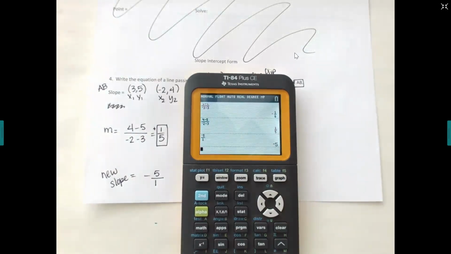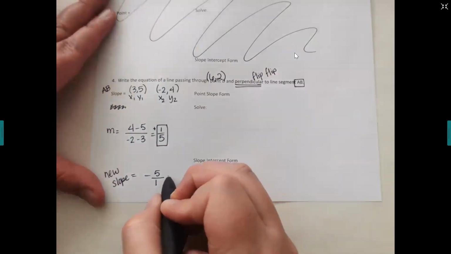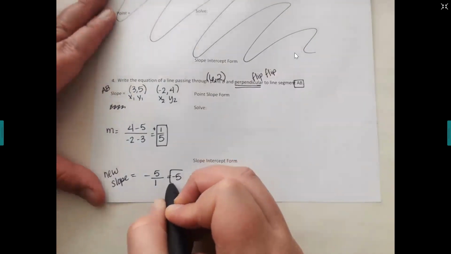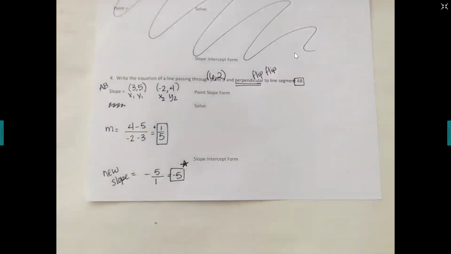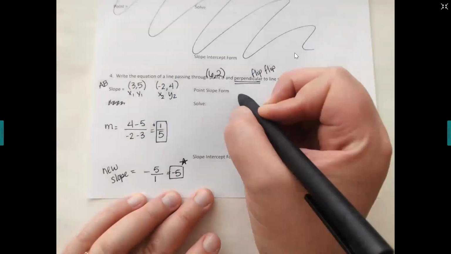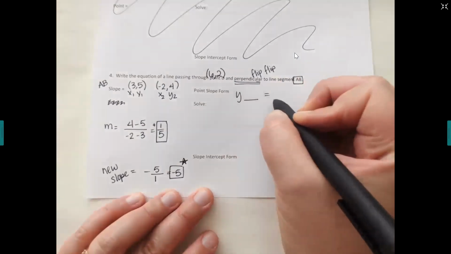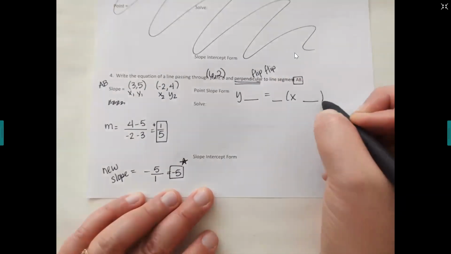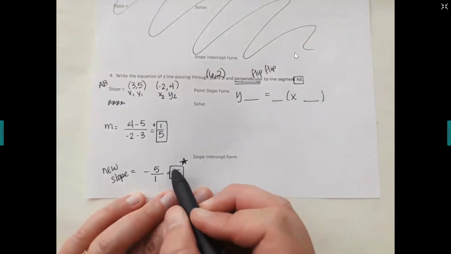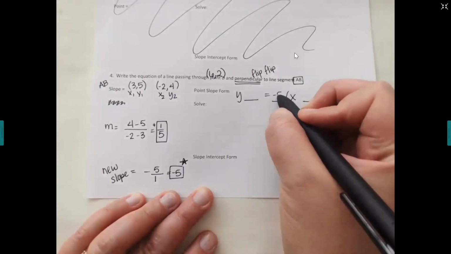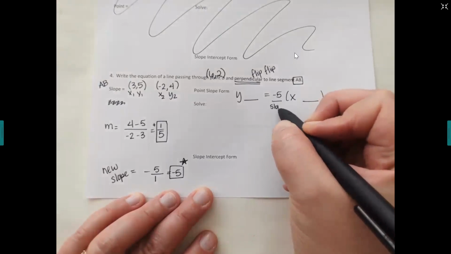Then from there, we're going to use our point slope form. This is the one that we're using. I put a little star next to it. So it's y blank equals blank x blank. My -5 is my slope. Remember that that goes in the middle.